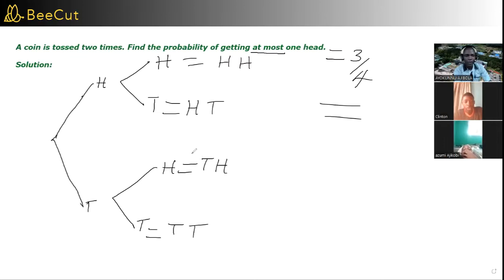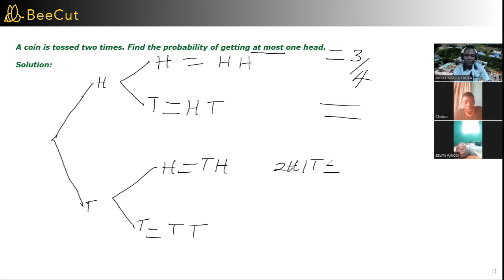What if I say find the probability of getting 2 heads and 1 tail? Find the probability of getting 2 heads and 1 tail. 3/4.